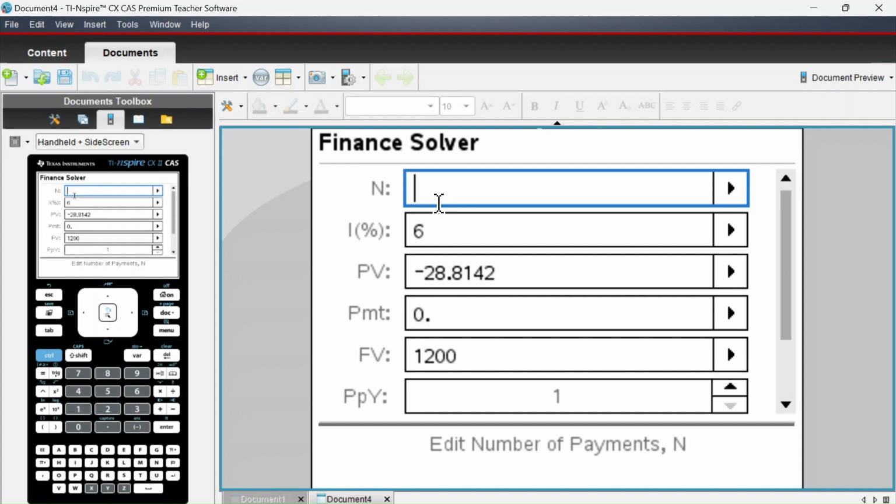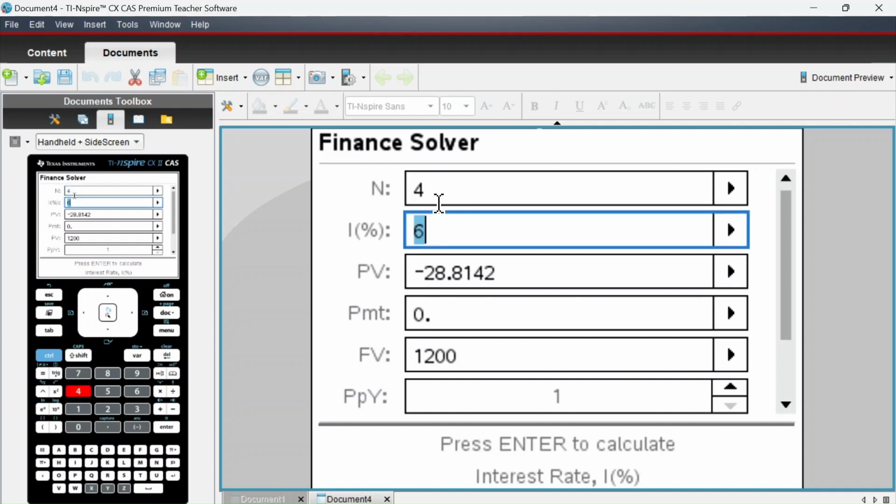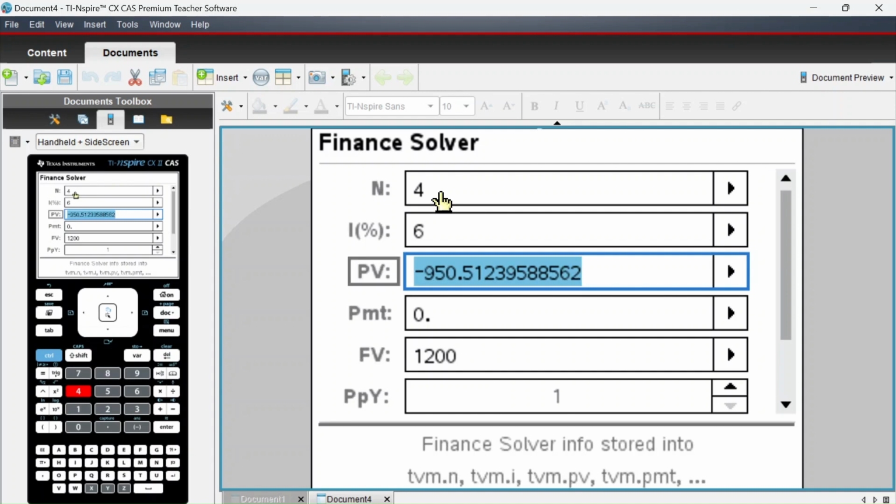I put a 64. That's 64 years before. I need a 4 there. Beg your pardon. Okay, I was a bit worried that the television was very cheap 4 years ago at $28.81, but in fact it was $950.51 4 years ago.